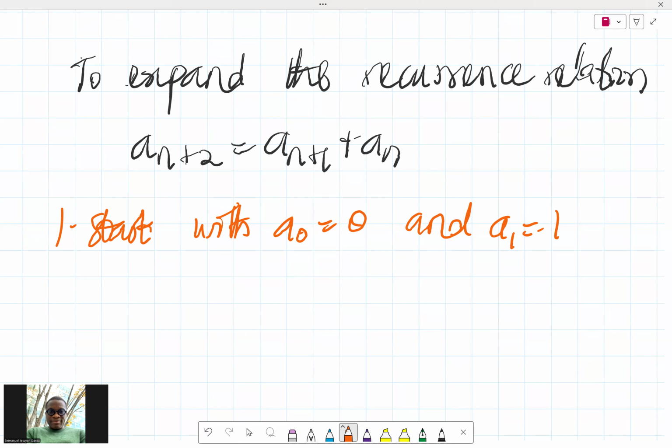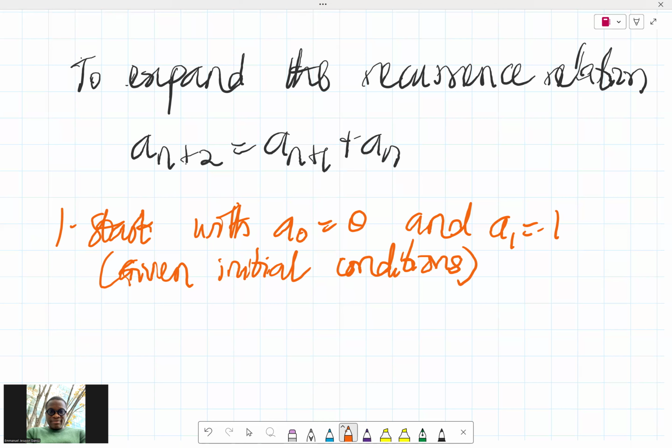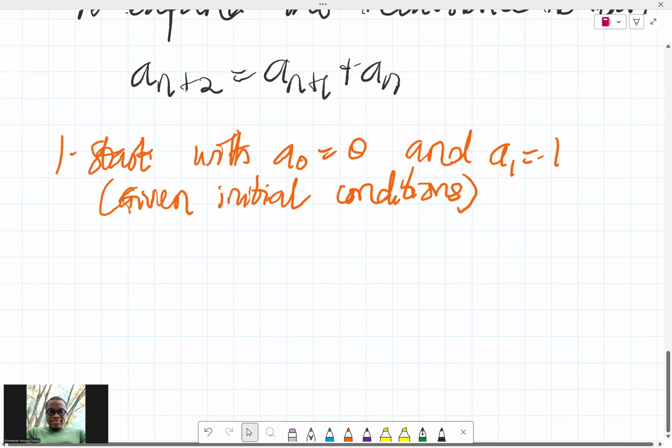You could also start with a naught equals 1 and a1 equals 1. Because for you to get a n plus 2, you need two terms to have come already. So now you can go ahead to step 2.